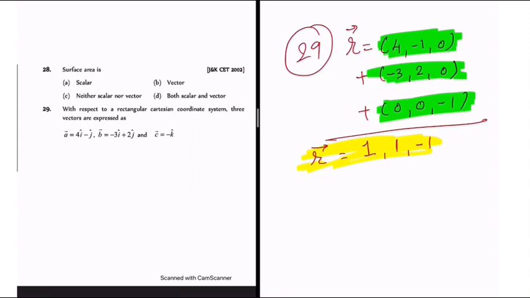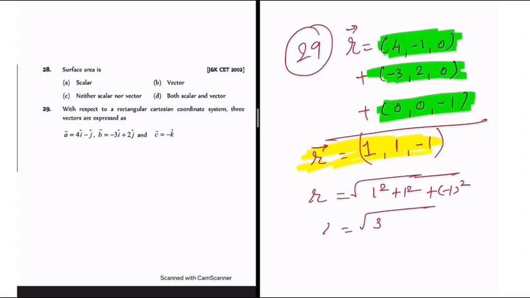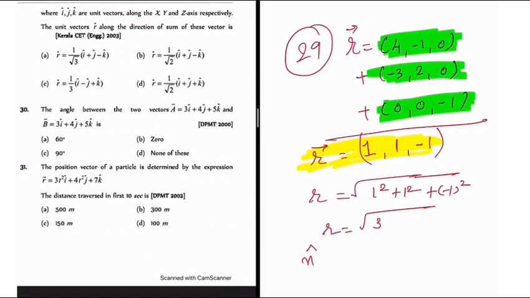Now the magnitude of R is 1 square plus 1 square plus minus 1 square, basically root 3, and the unit vector n cap R is 1, 1, minus 1 upon root 3.